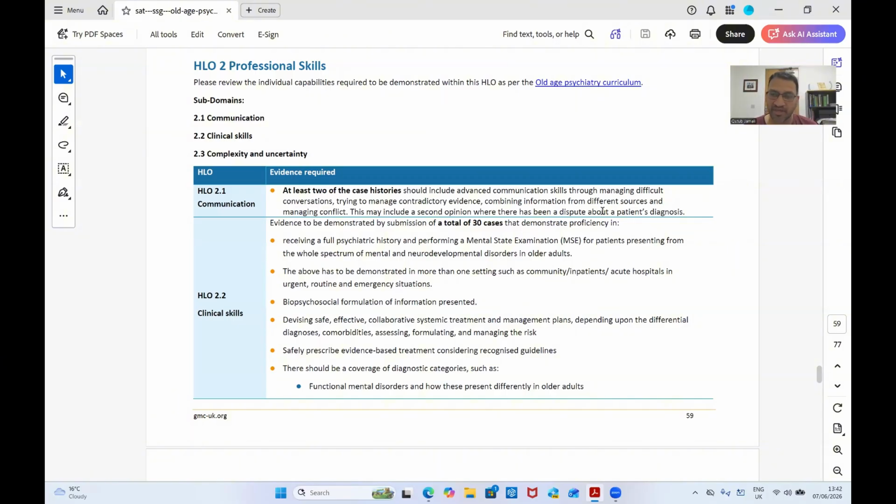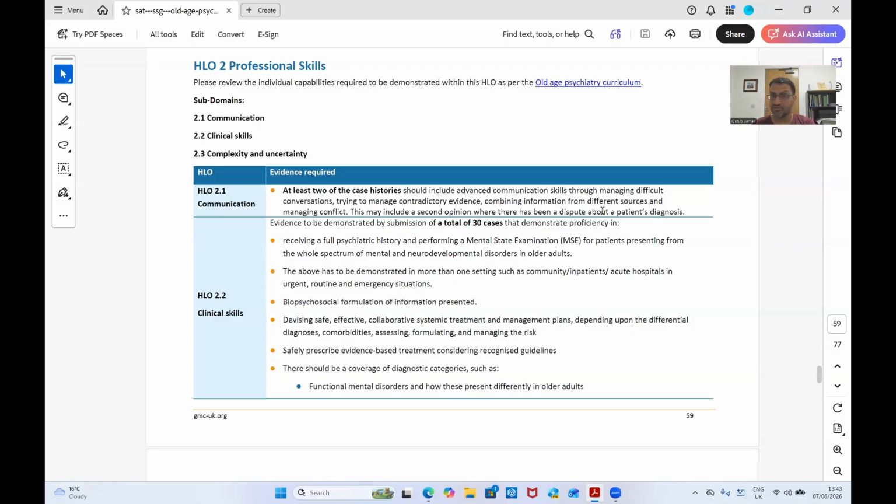Sometimes there would be a second opinion coming from another doctor where a dementia diagnosis was given previously, and you've seen the patient and you feel that the patient doesn't have dementia and you've reversed the diagnosis. That also happens in clinical practice. So these are the things where you can get these two case histories from.